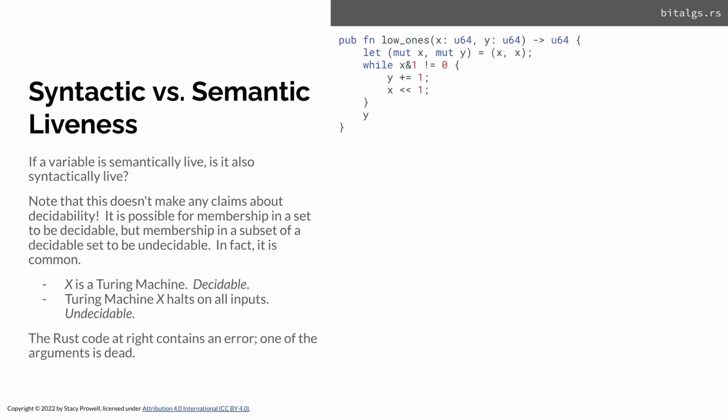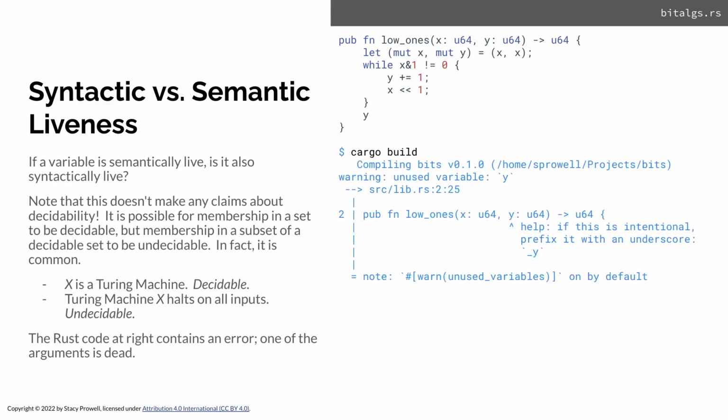We have the idea that semantically live is a big set that may include lots and lots of stuff, but syntactically live may itself be decidable. Sorry, I'm doing a bad job of explaining this, but you get the idea, I think.